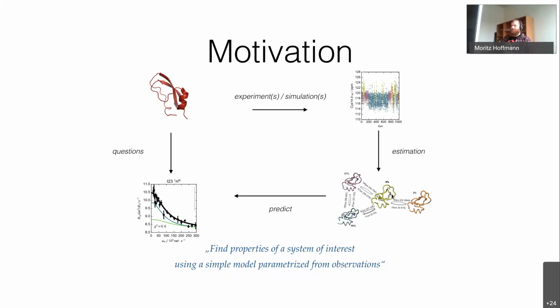And the population of these, and how you would have transitions between them. And from this kind of model, you can predict properties: certain chemical properties, kinetic properties, thermodynamic properties. And these can be used to answer certain questions you have about a system.